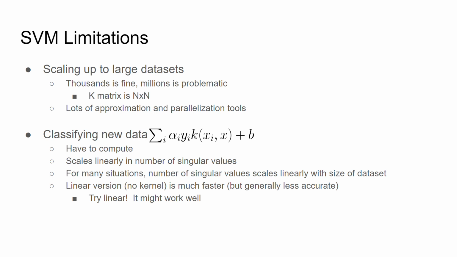It doesn't matter how many support vectors I have, because with the linear version, I'm just getting the weights for the straight line that is dividing my data. So that's generally much faster, but will in general be less accurate than using my kernel. But that's also an indication: try the linear version; it might work well.